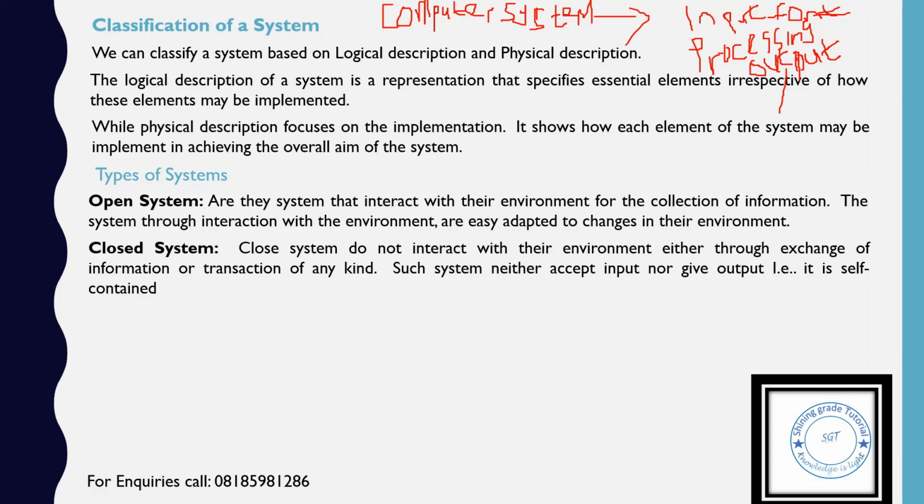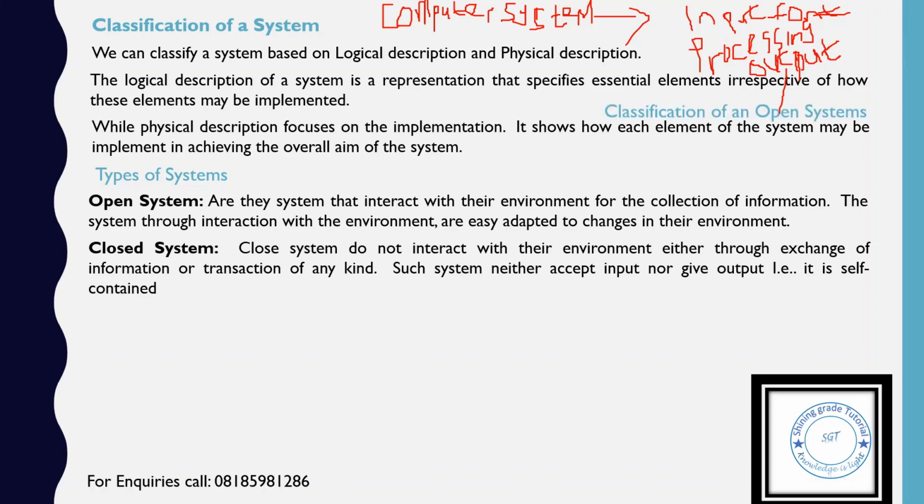But I will tell you, in reality it's very difficult to have a system that neither takes from nor gives to the environment. So what happens? We use this concept in identifying systems that partly interact with their environment, and we apply the open system.